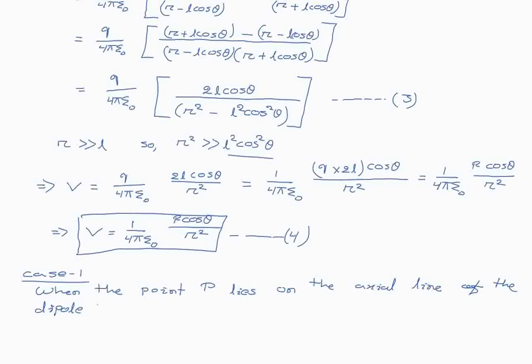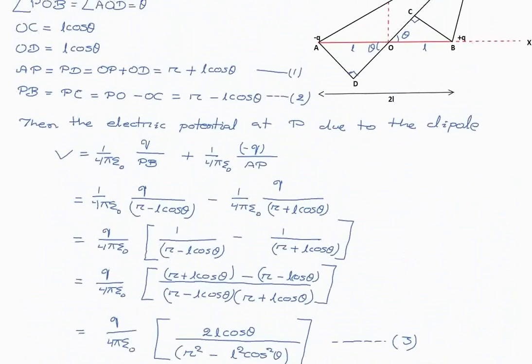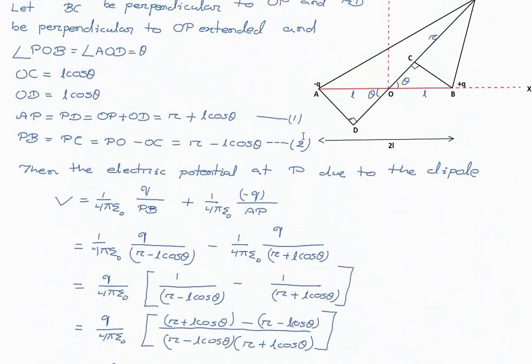If the point P lies on the axial line of the dipole, in this figure, suppose the point P lies here, it is the axial line, then theta will be equal to 0. Again, if the point P lies on the equatorial line, then theta will be equal to 90 degree. Let us put those values.